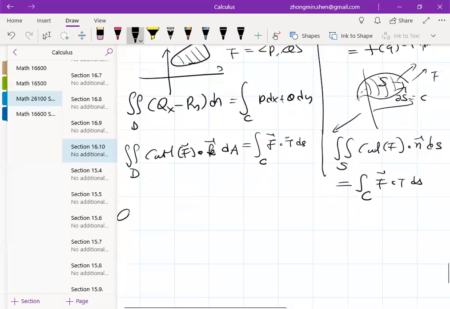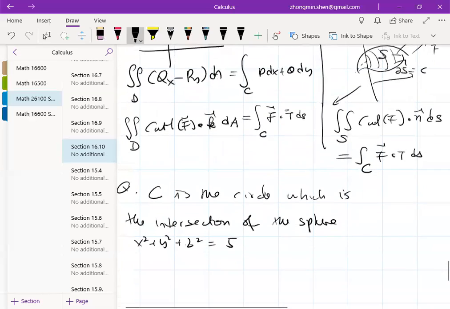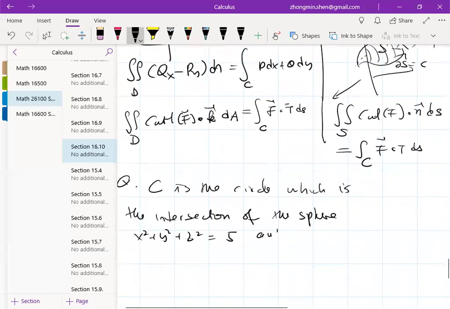All right. Here's a good question. C is a circle which is the intersection of the sphere x squared plus y squared plus z squared equals 5, and the plane z equals 1.